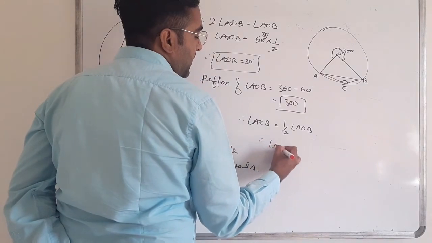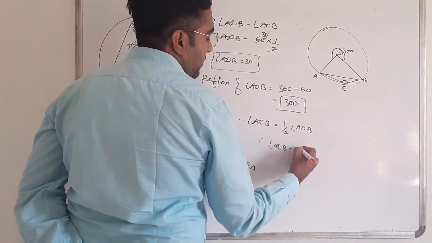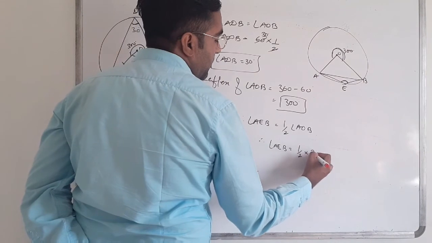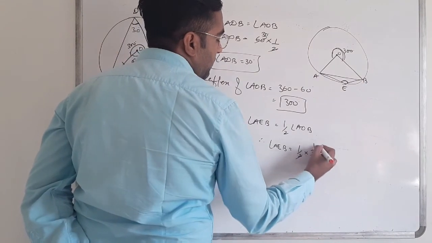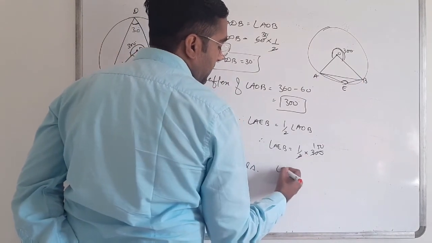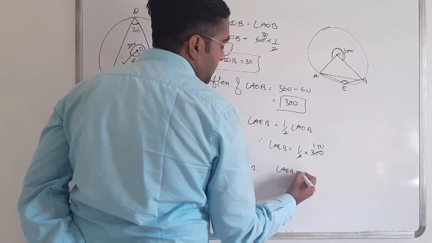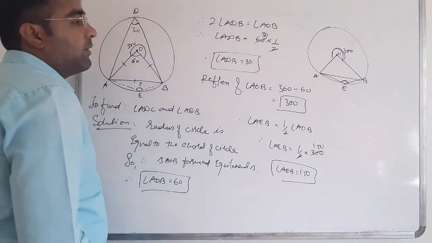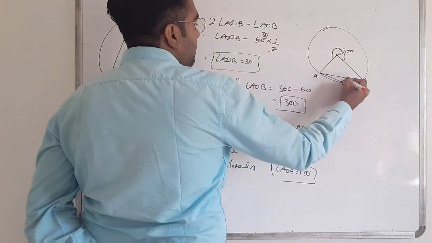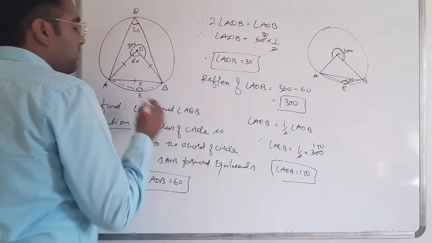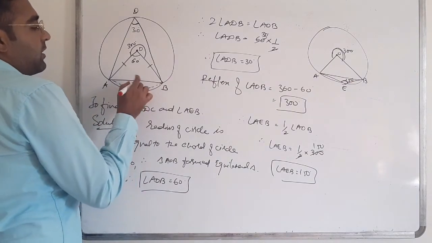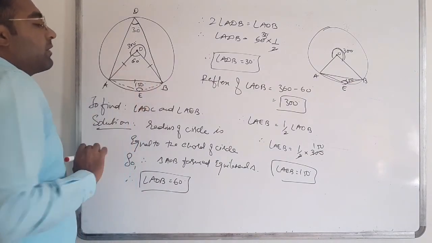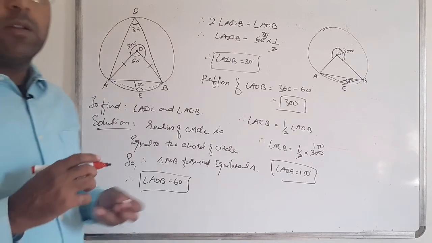So AEB is equal to half times 300, so we write that angle AEB is equal to 150 degrees. Clear that? So my angle AEB is equal to 150 degrees. Clear?